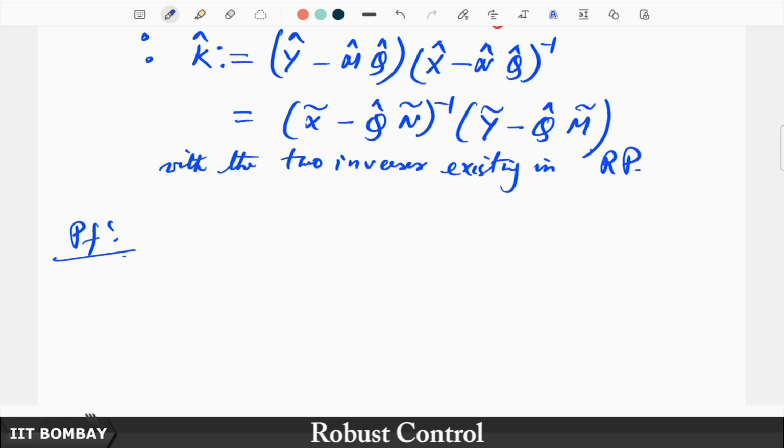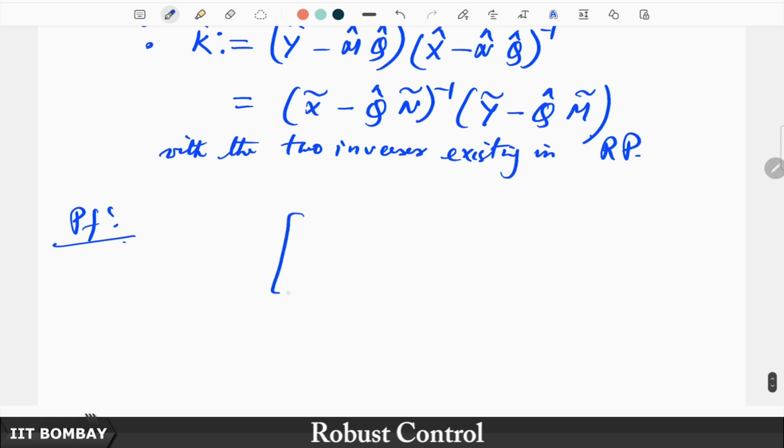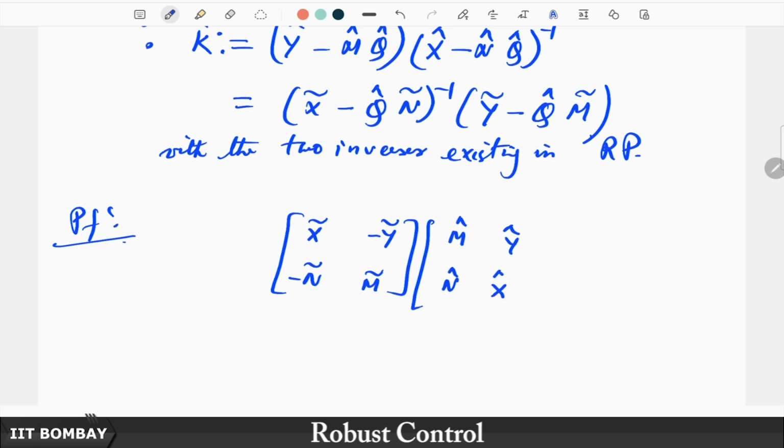We already know this, which we proved in the previous lecture: the left co-prime factorization of a plant given by the tilde and the right co-prime factorization given by the hat, in our convention, n hat x hat. I am going to leave a little bit of space here and you are going to immediately see why. So, this is true.